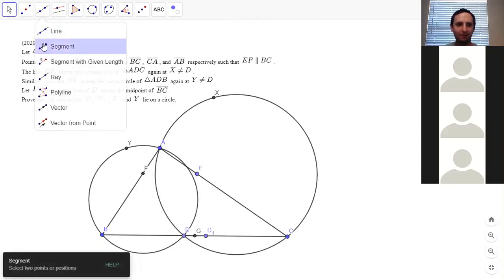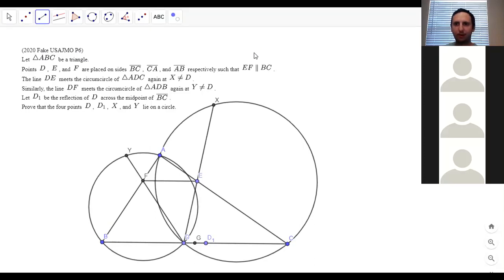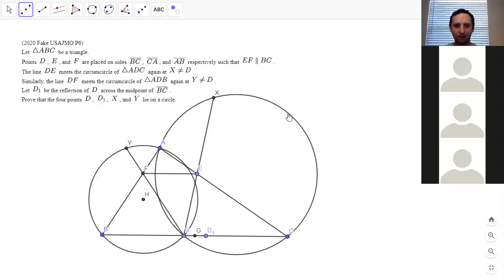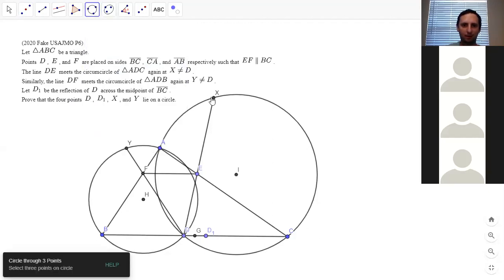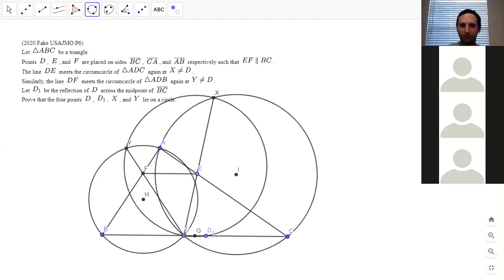One second. Let's check the chat. The centers of those two circles, yeah. So that and that. And yeah, we want to show that's cyclic.